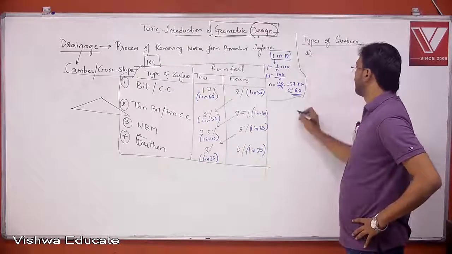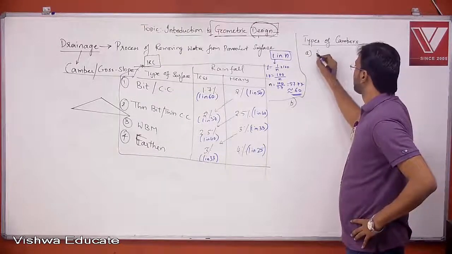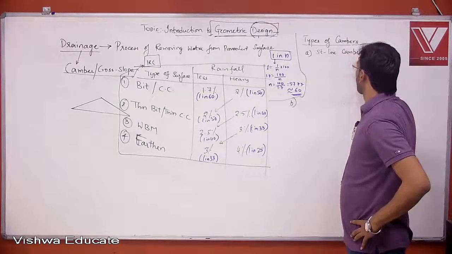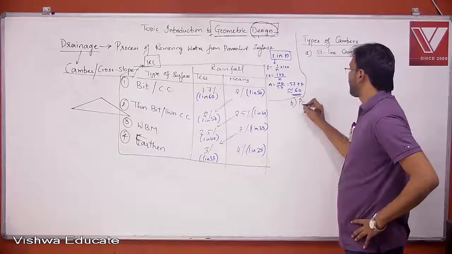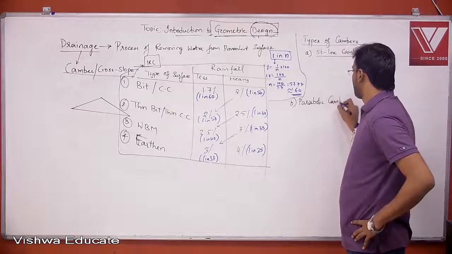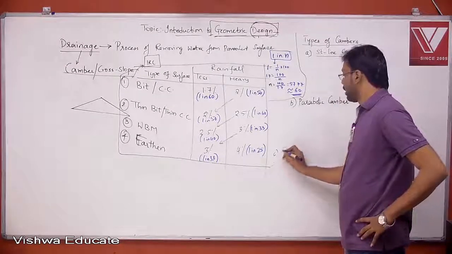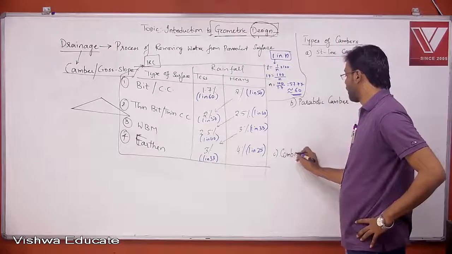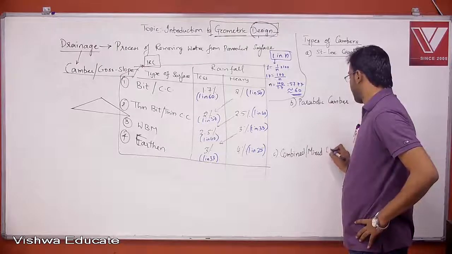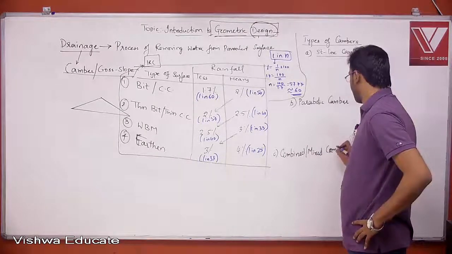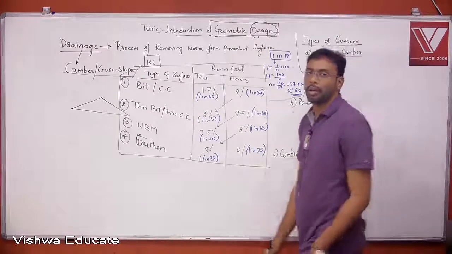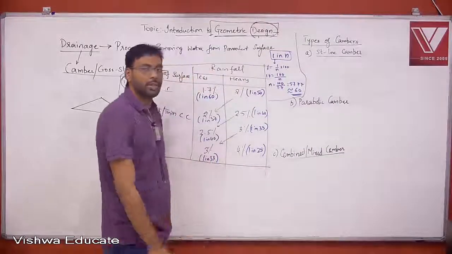Based on the shape, the cambers can be classified into straight line camber, parabolic camber, and combined or mixed camber, right?